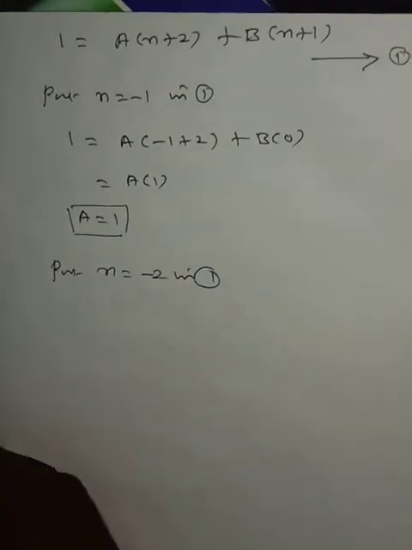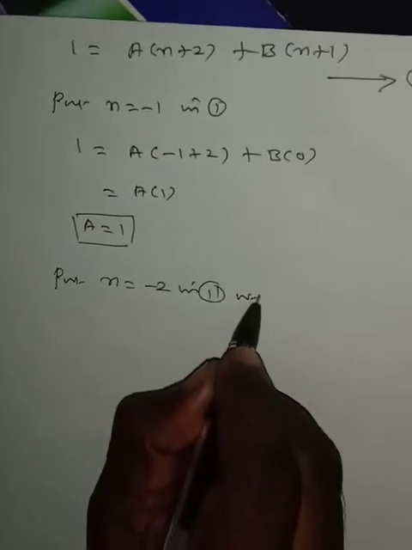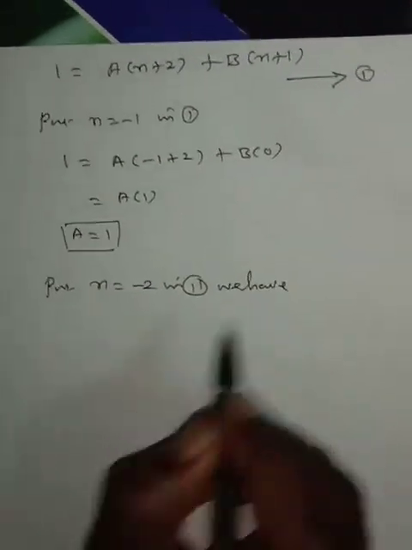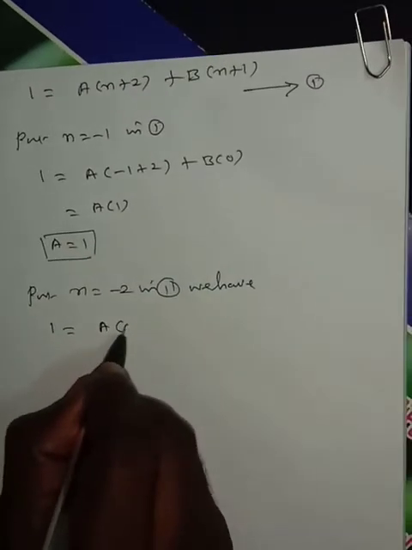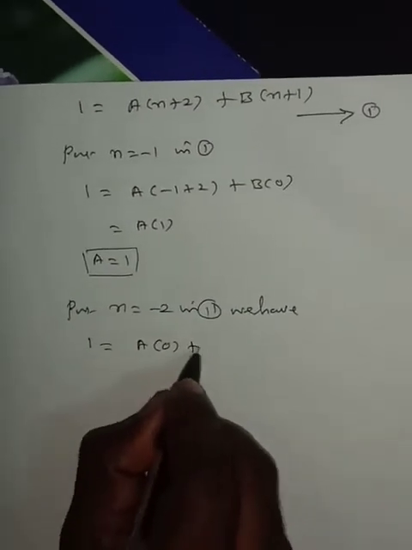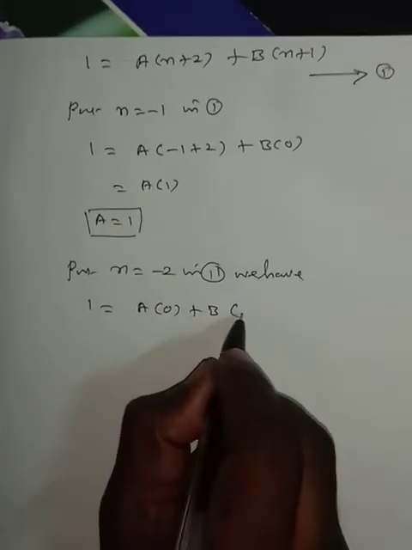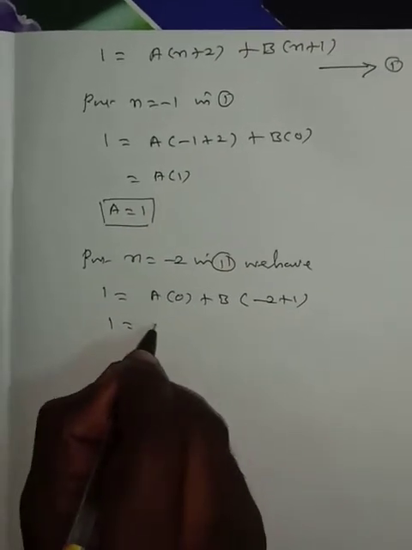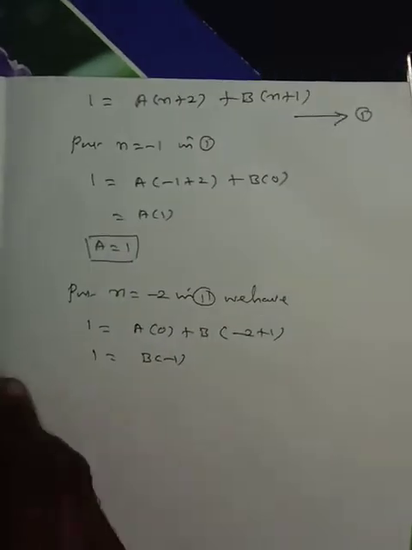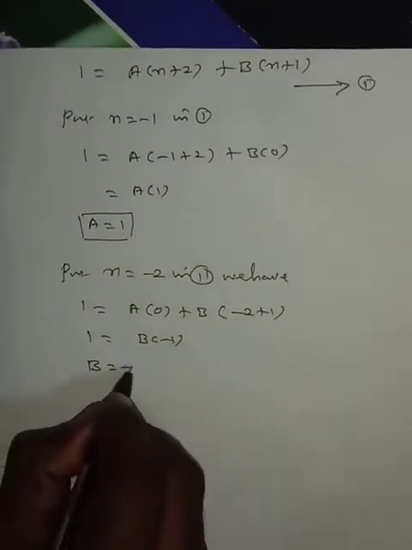We have 1 is equal to a into 0 plus b into minus 2 plus 1. 1 is equal to b of minus 1. b is equal to minus 1.